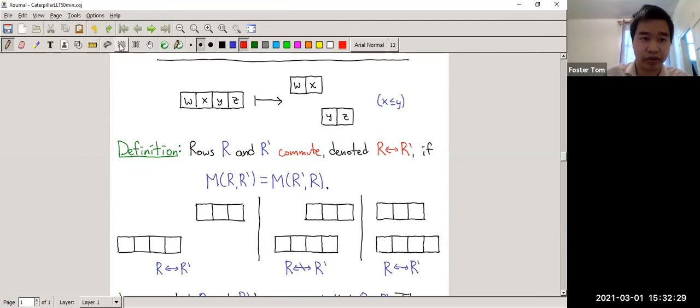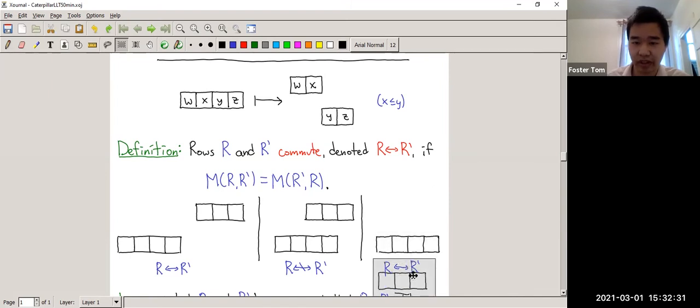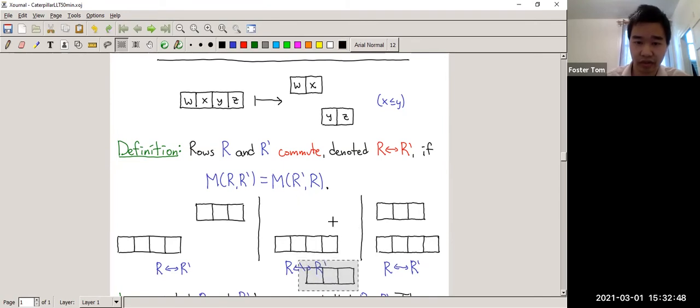And if I were to move this row to the bottom, I could still have 3 inversions. So the pair of rows on the right commutes as well. However, in the middle, when it's like this, I can have a maximum of 2 inversions. Whereas if I switch the 2 rows, I would have a maximum of 3 inversions. So in this case, the rows do not commute.